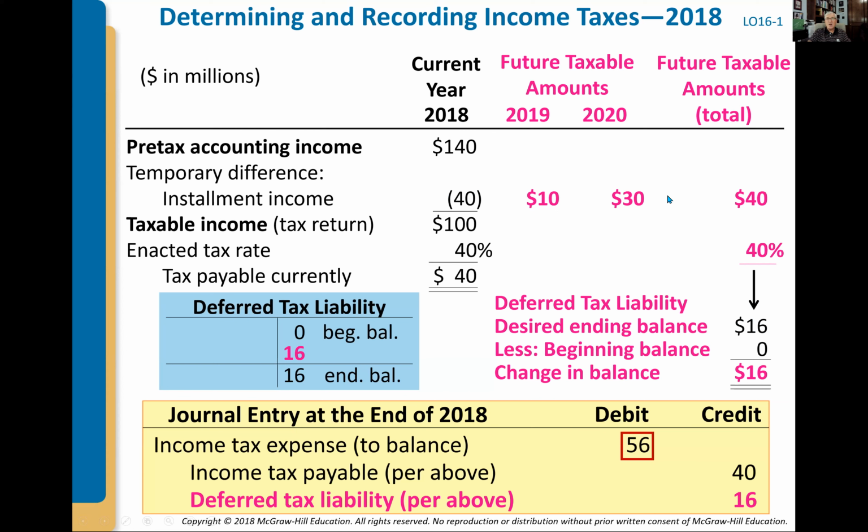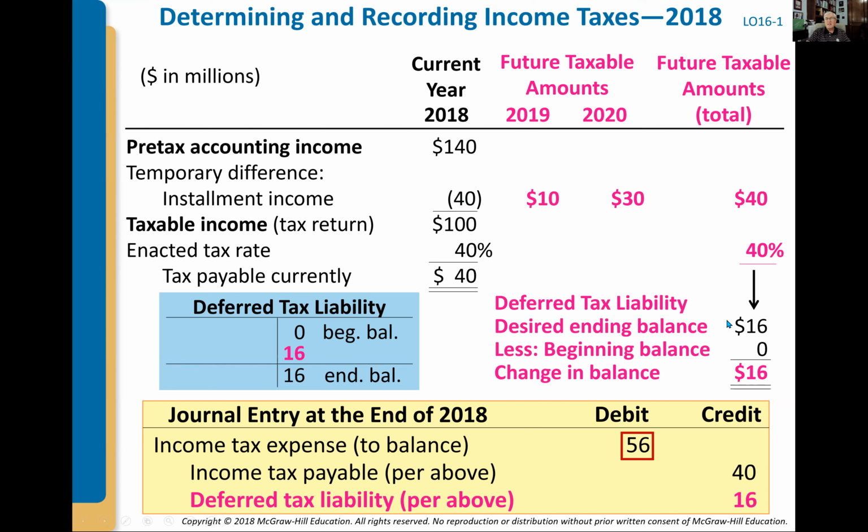In other words, we know this difference of 40 is going to reverse in the future years, and at a tax rate of 40%, that 40 times 40% equals 16. So we know we started with a zero beginning balance. Let's assume this is the first year of this company, or the first time they had a temporary difference, zero. So our deferred tax liability needs to be 16. It's zero, so what do we have to do? We have to record a credit.